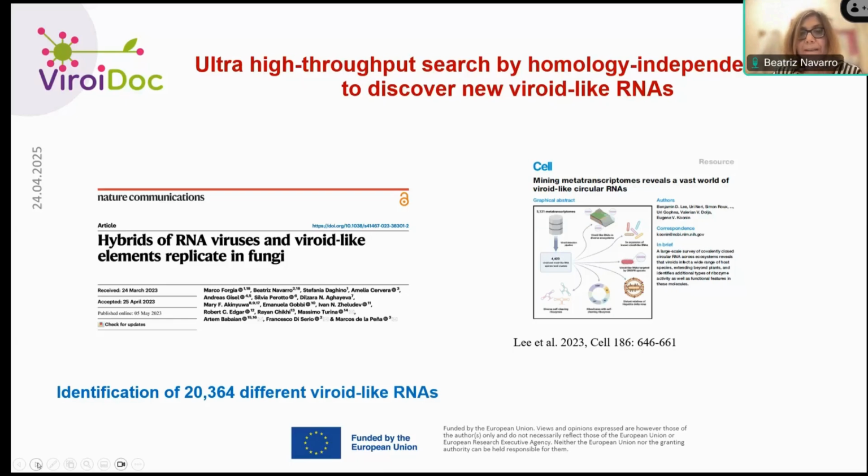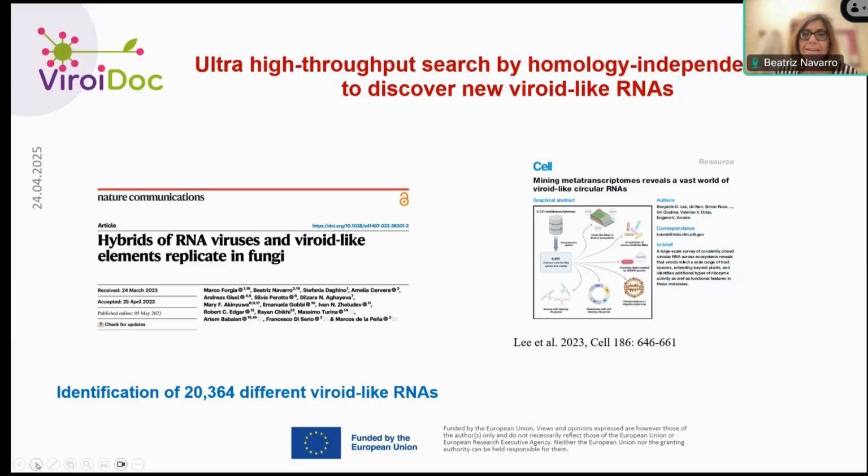So using these homology-independent tools, we identified more than 20,000 different viroid-like RNAs by searching RNA-seq and metatranscriptomic data already present in databases.